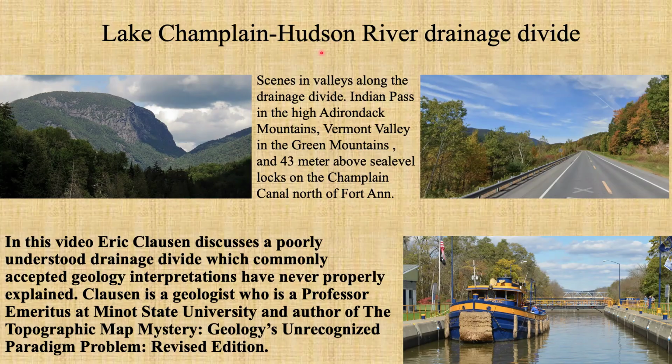Well, we're going to look at the drainage divide in this talk, and we're going to note that it extends from the Adirondack Mountains in the west, where it's crossing some of the highest points in the Adirondack Mountains, and there's some deep valleys cut across the drainage divide, such as Indian Pass here.